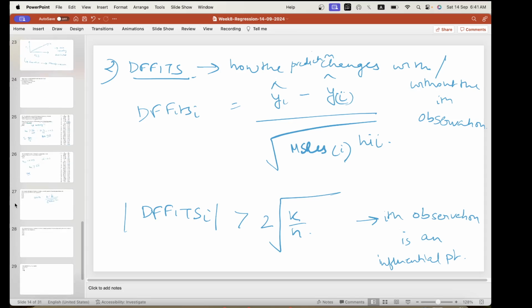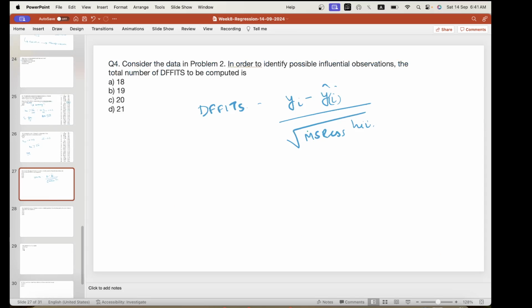Now this yi hat is actually from fitting y and x without the ith observation.